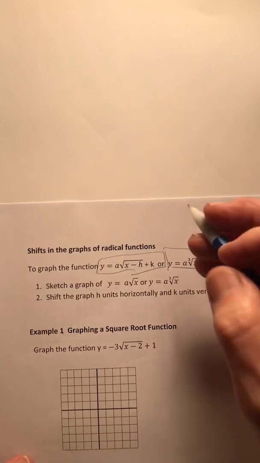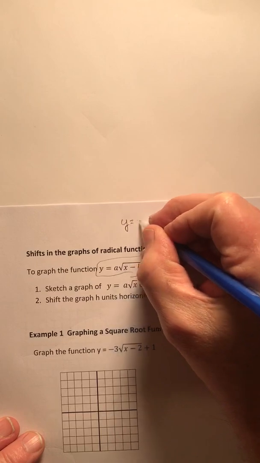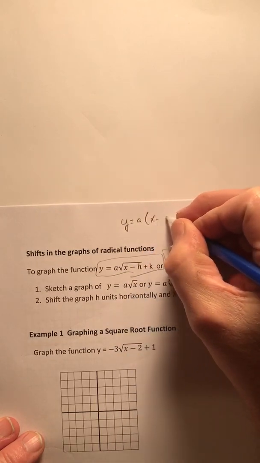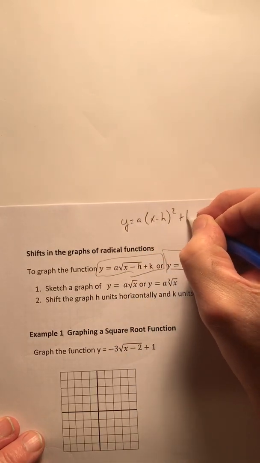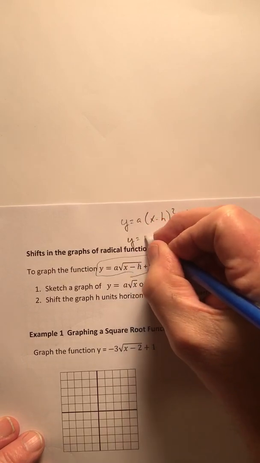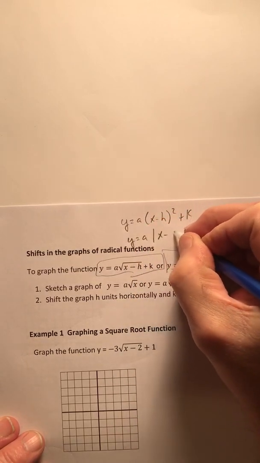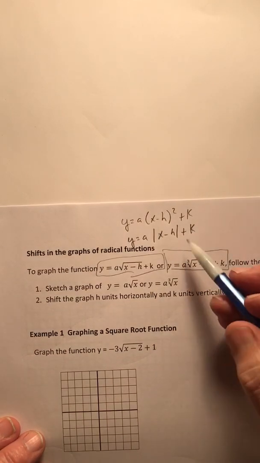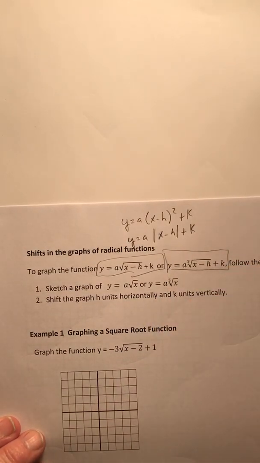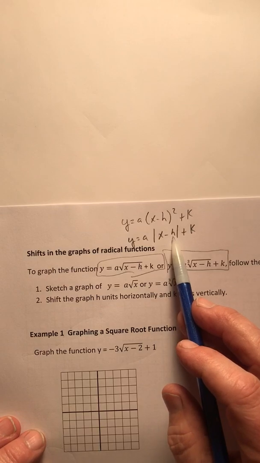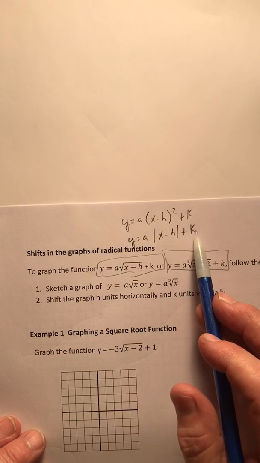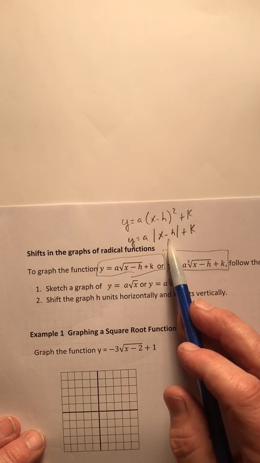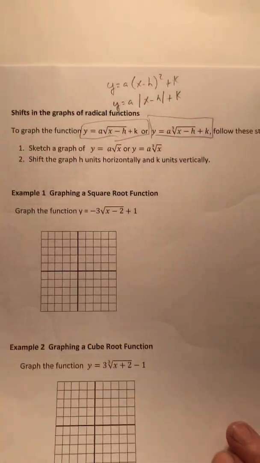From our other ones, we've already done this one. And we've done this one. So we've done them. H and K are the same for this. All right. The H is going to move it left to right. The K is going to move it up or down. And remember the negative sign's in front of it, so it's opposite of what you think.